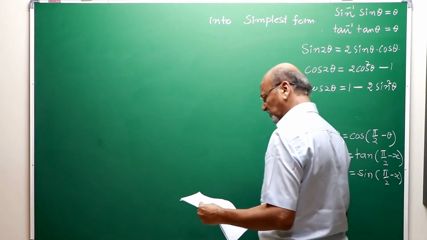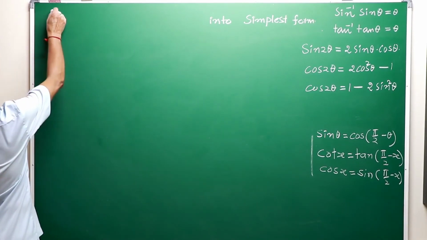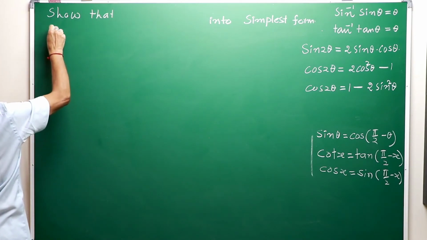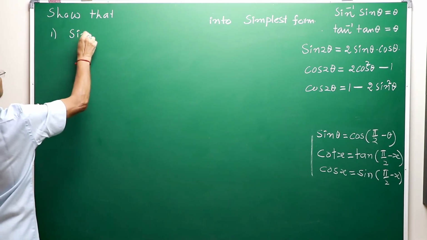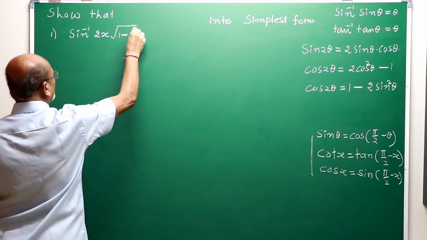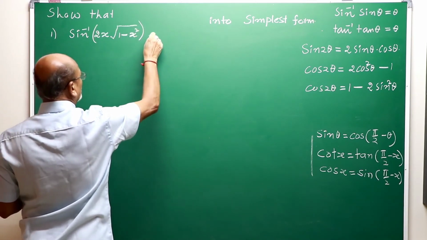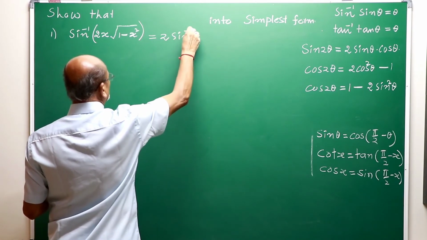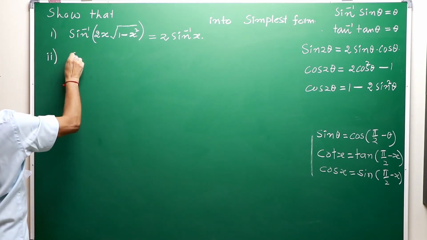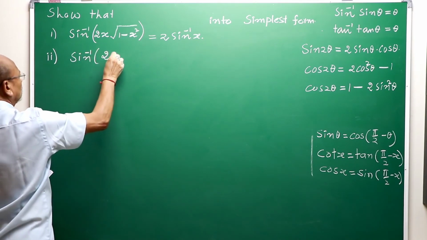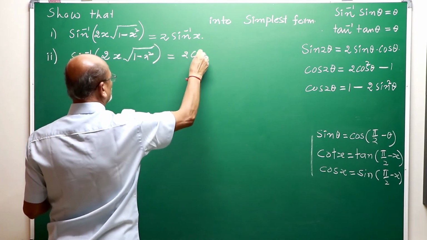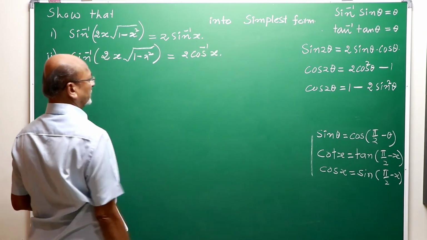Yes, my friends, show that, or prove that, sine inverse of 2x into root 1 minus x square equals 2 sine inverse x. Or the same thing, prove that sine inverse of 2x into root 1 minus x square equals 2 cos inverse x, my friends.